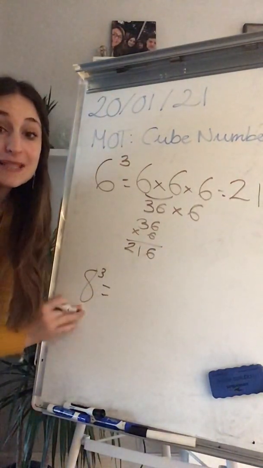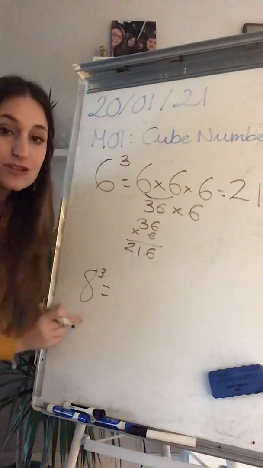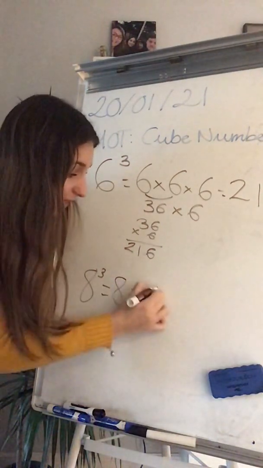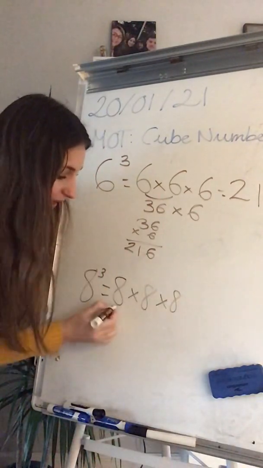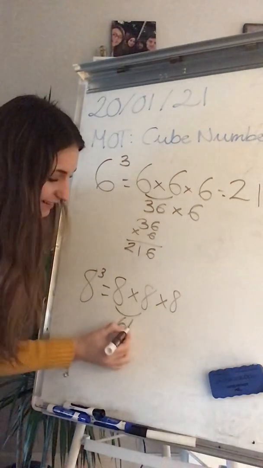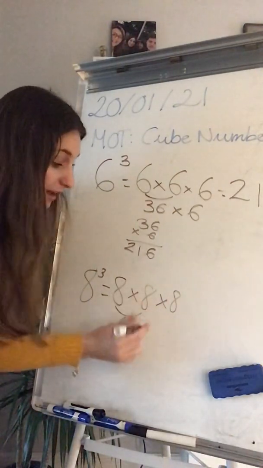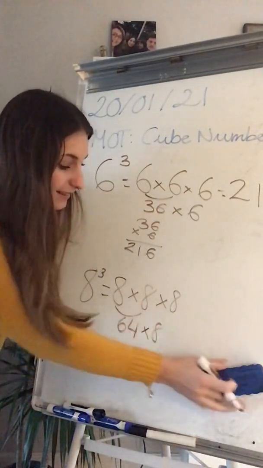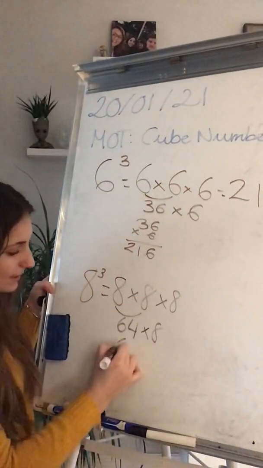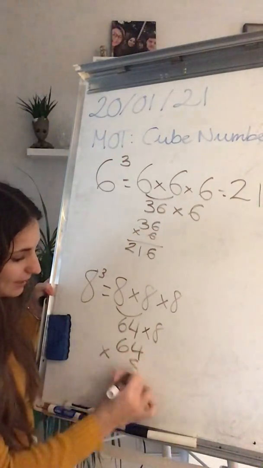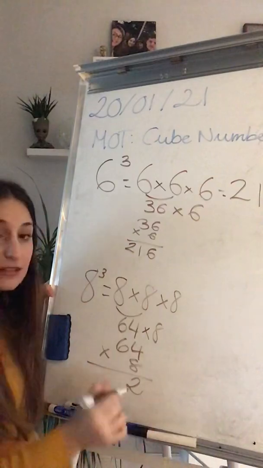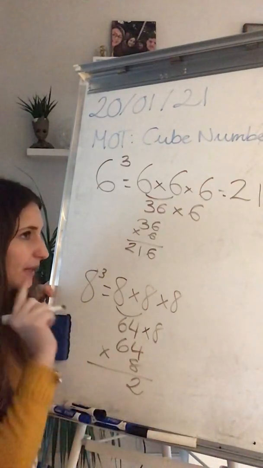Let's go now for my 8 cube. The only thing that little 3 on the top means is that it needs to be timed by itself 3 times. So I have 8 times 8 times 8. I know that 8 times 8 is, that's right, 64, times 8. Let's do 64 times 8. 8 times 4 is 32, and I'm carrying 3.